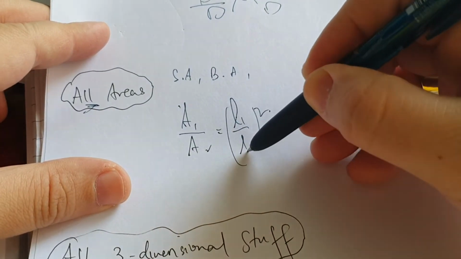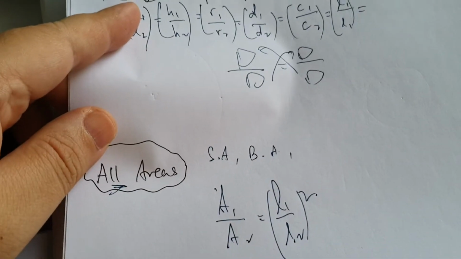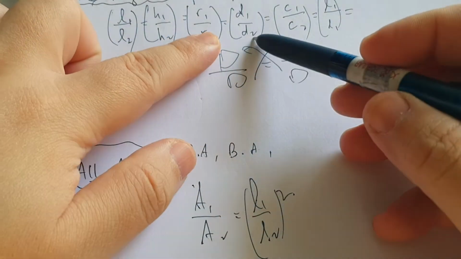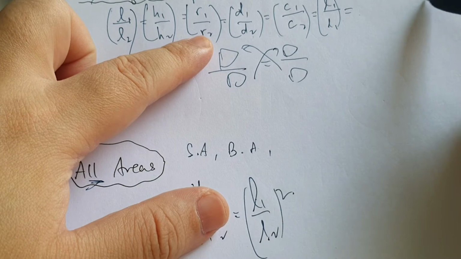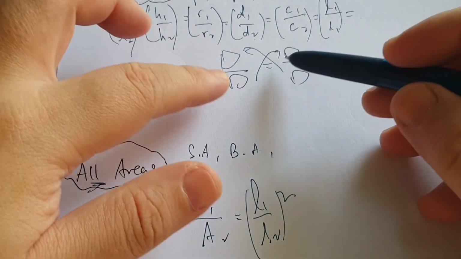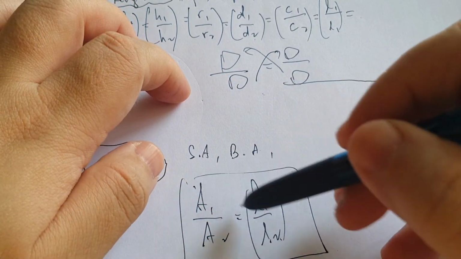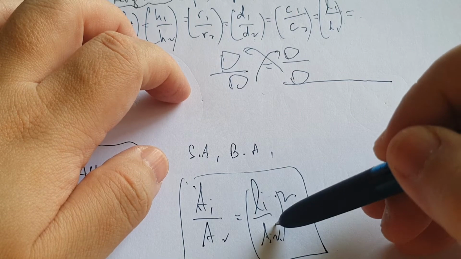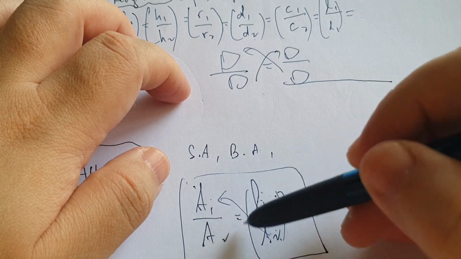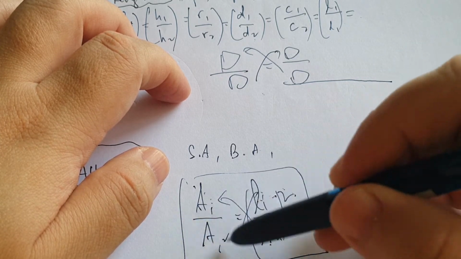This L1 over L2, right, can be height, radius, diameter, circumference, whatever. Okay, so as long as it is a length, then you can do already. Then you just fill in the blanks first, then you square this individually, then you cross multiply to find whatever. Or if you want the length, then you square root both sides.